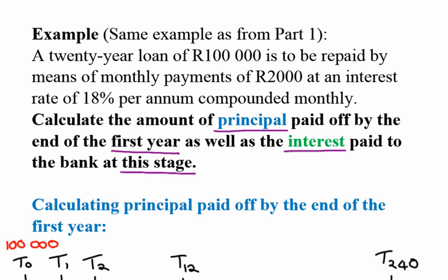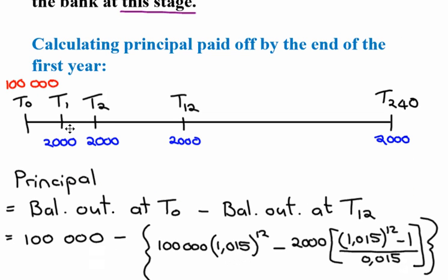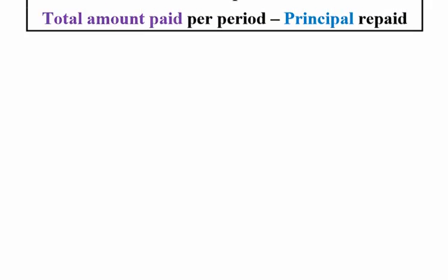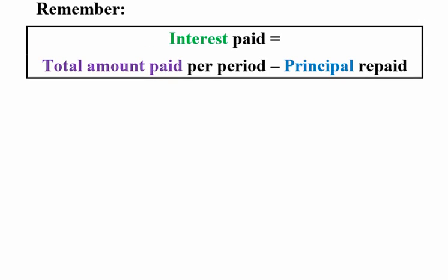For that first year, I know at the end of the first month I paid 2,000, at the end of the second month I paid 2,000, at the end of the third month I paid 2,000, etc. All the way to the end of the 12th month I paid 2,000. So let's first look at how much I've actually paid.